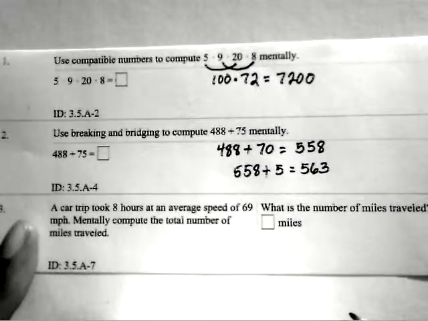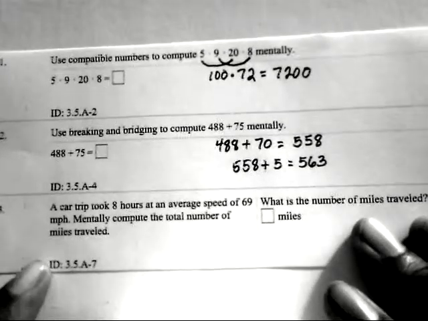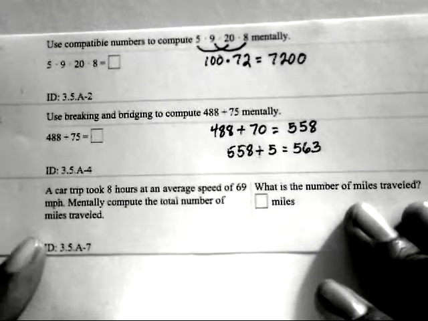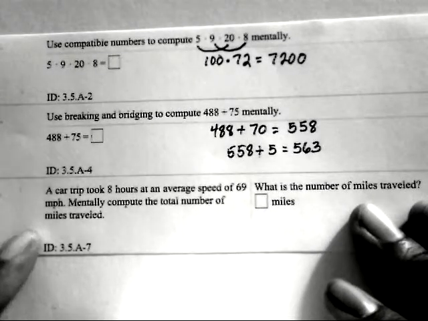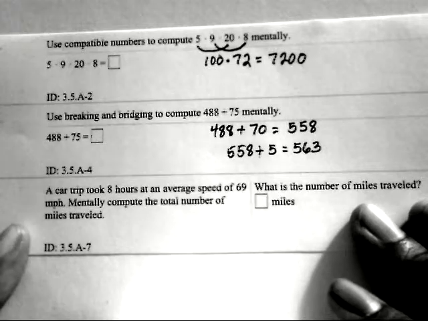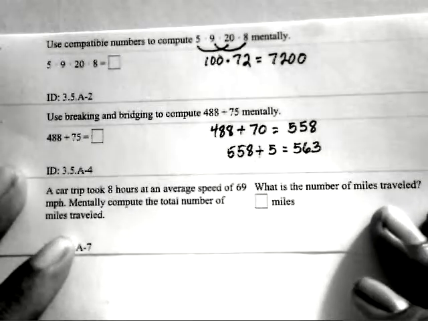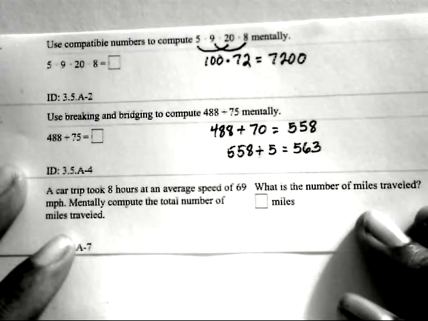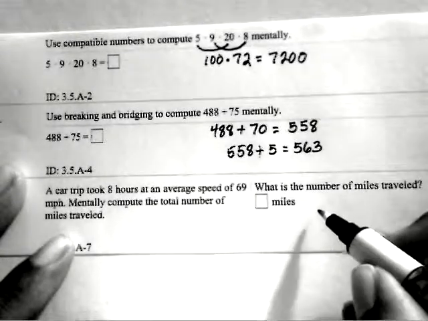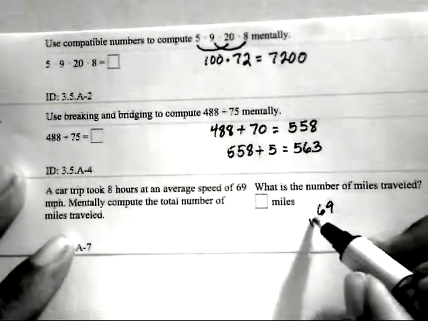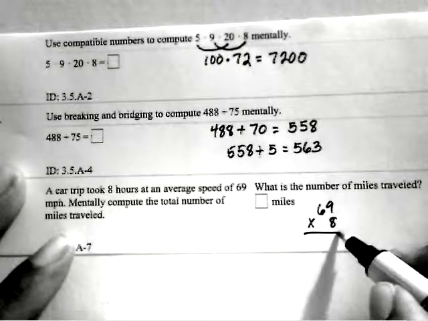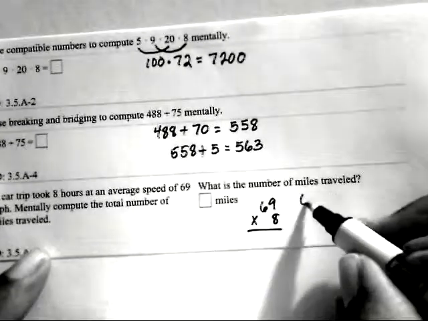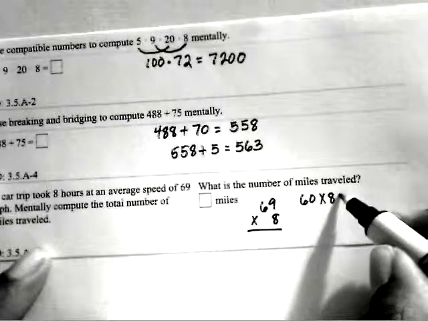Okay. Number 3, a car took 8 hours at an average speed of 69 miles per hour. Mentally compute the total number of miles traveled. Okay, there are some ways that we can do this mentally. Let's see, 69 times 8. Let's do this. 60 times 8.